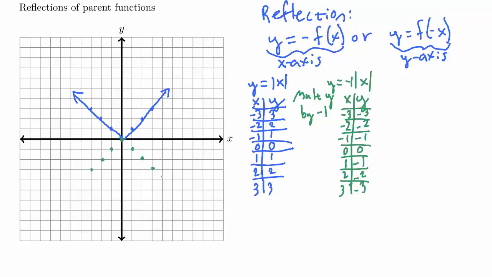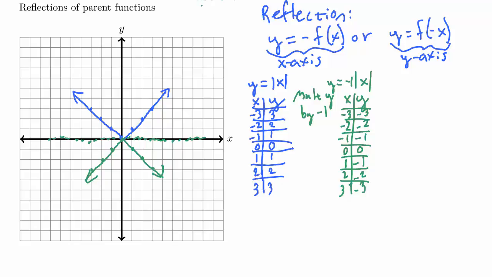Notice the V shape is maintained. Notice though that what happened here is we reflected about this axis. Whatever was on top went to the bottom, and whatever was on the bottom would have gone to the top, and so on and so forth.